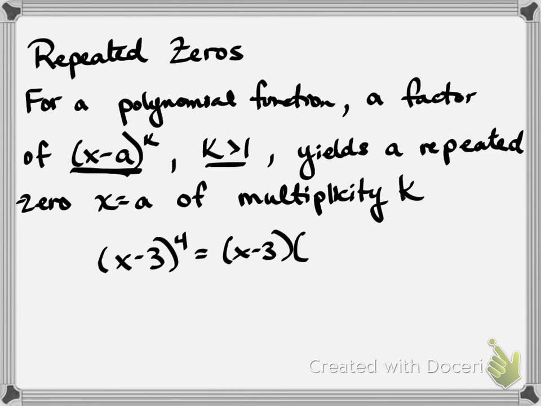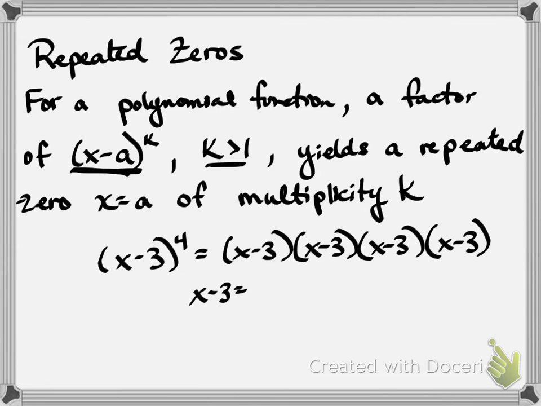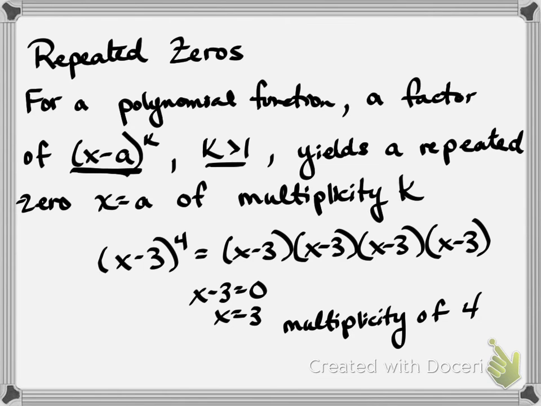So there are 4 factors that are going to give me the same answer. So that's why it's a repeated 0. I'm not going to set each one of those equal to 0. I'm just going to say x equals 3 is a 0. And it's going to have a multiplicity, fun word to say, multiplicity of 4. That means it was repeated 4 times, that same one.